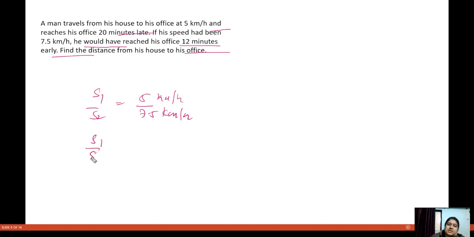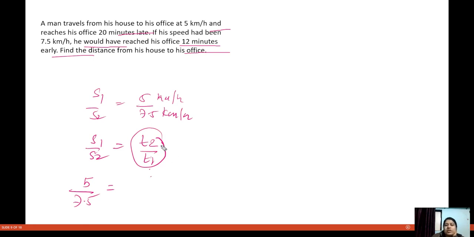This is inversely proportional, so that is equals to t2 by t1. So 5 divided by 7.5 is equals to t2 by t1.